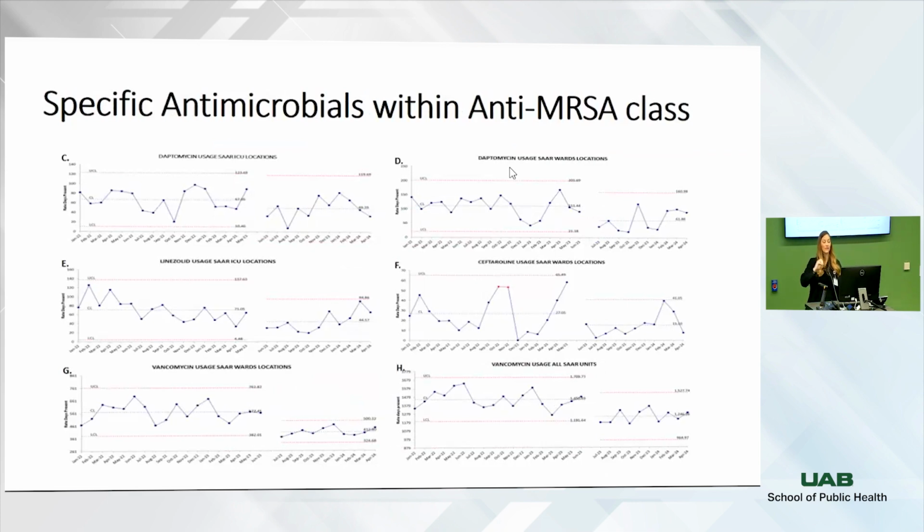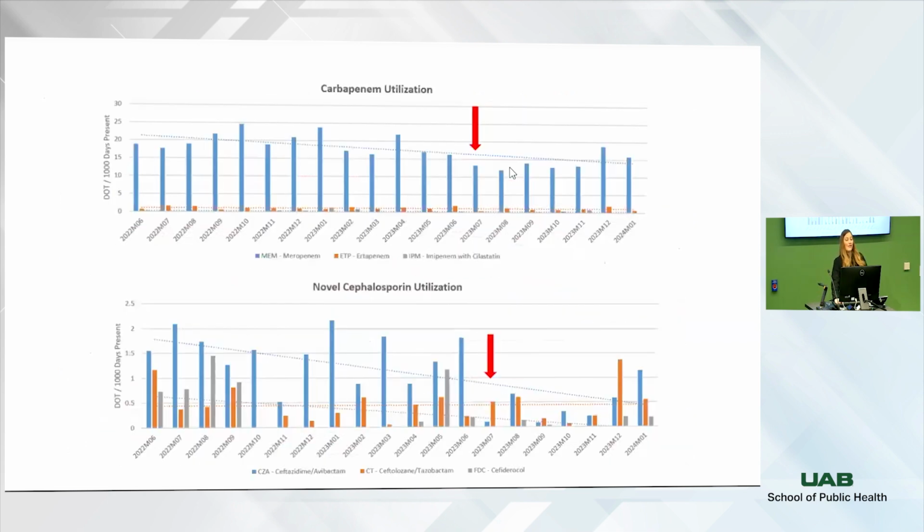Some only in wards, some only in ICUs. But all 4 drugs are showing up on our chart: dapto, linezolid, ceftaroline, and vancomycin. And if you've ever been impacted by antimicrobial side effects like vancomycin can have, this is huge for an institution. If we can reduce the amount of acute kidney injuries due to excessive vancomycin usage, that's huge. And we saw a significant reduction.